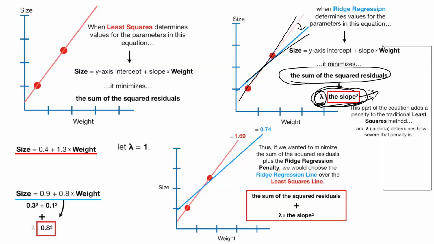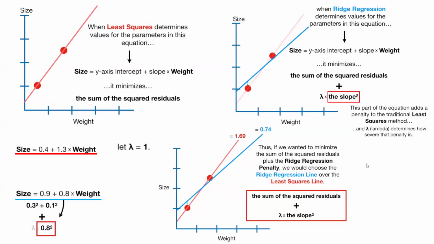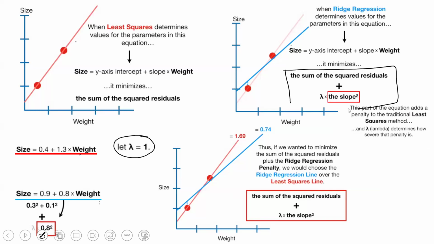If you look at this equation, it represents this blue line. For now I'm considering lambda equal to 1. Take this objective function: sum of squared residuals plus lambda times slope squared. What is the sum of squared residuals here?